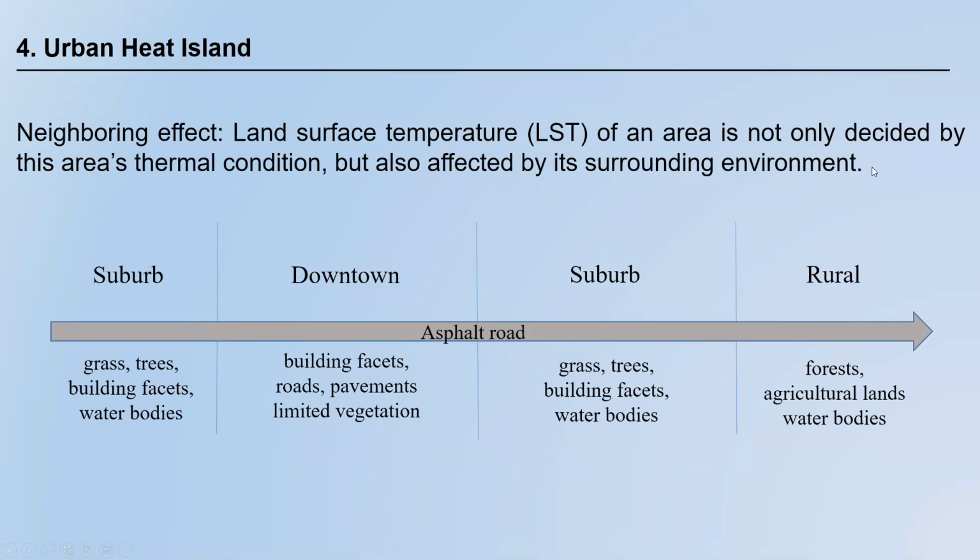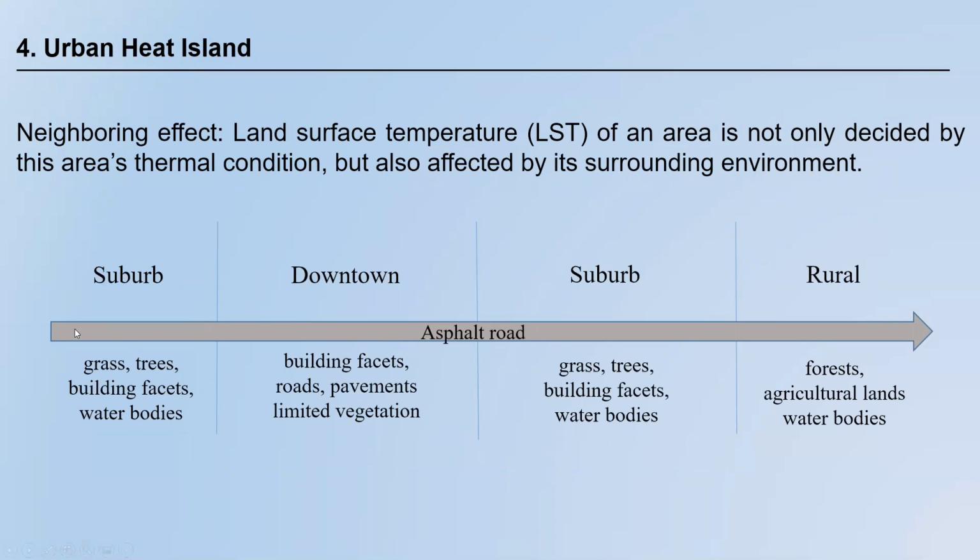What does it mean? It means that pixel-based correlation between LST and other factors is kind of biased. That pixel's temperature is not only affected by itself, but also by its surrounding environment. So here is an example.